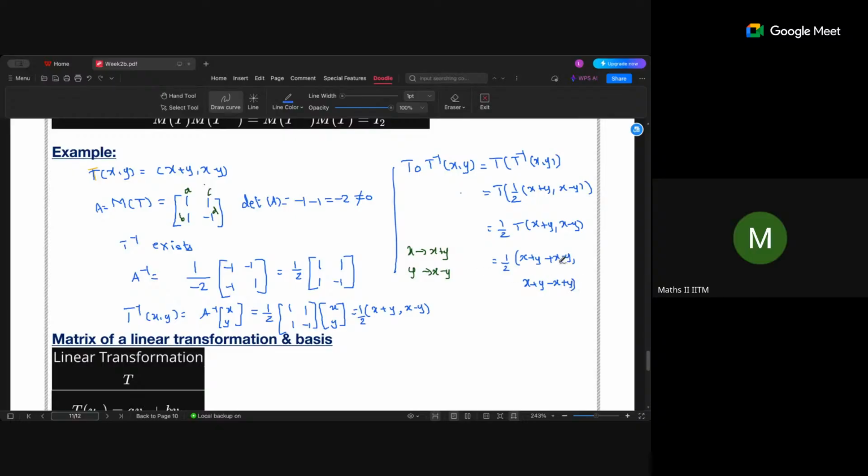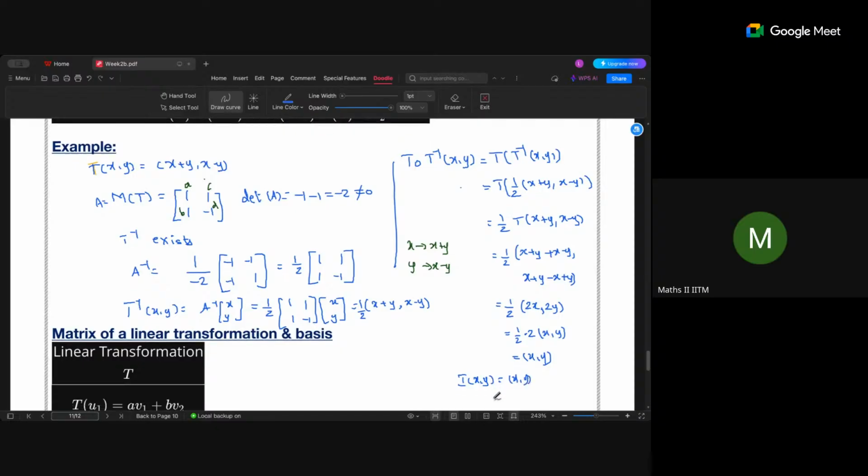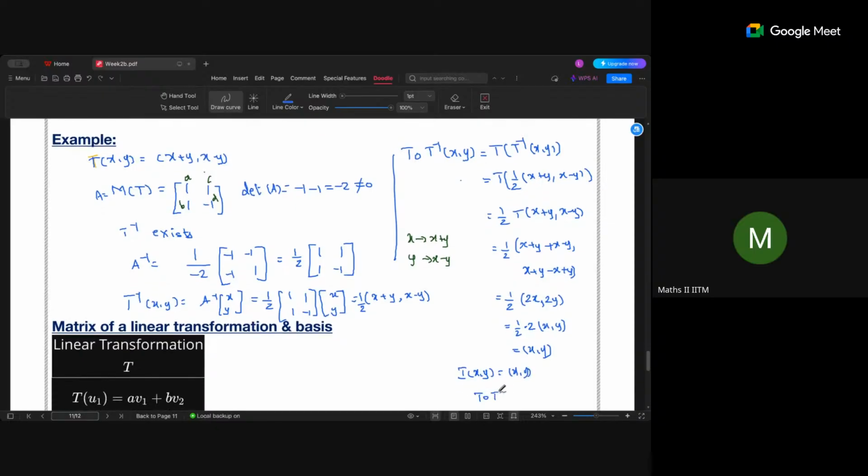Because minus into minus, right? So what will you have? 1 by 2 times 2x, comma, 2y. Which, if I bring the 2 out, you will have simply x comma y. And this is the identity transformation, right? I of x comma y equals x comma y. So you got T composition T inverse is equal to identity.